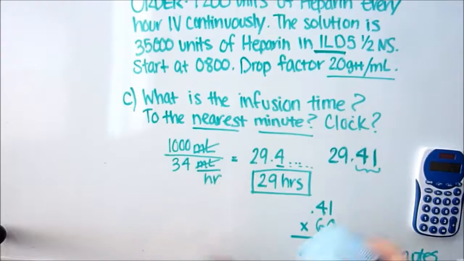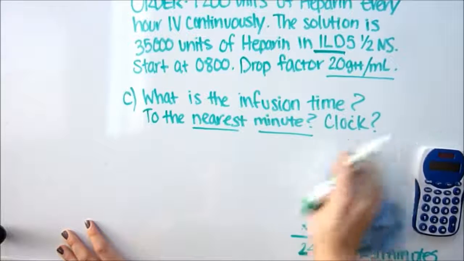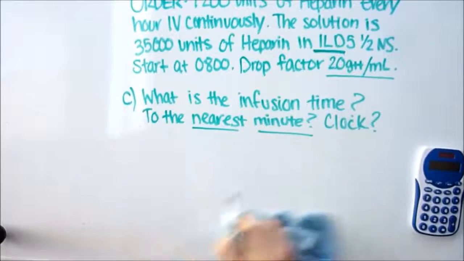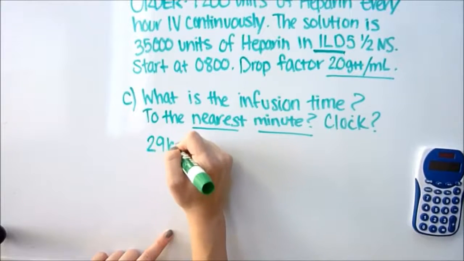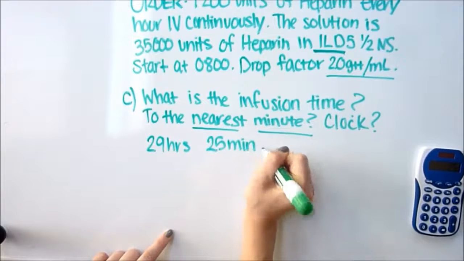So now we have to figure out what time on the clock we are going to finish. So let me just erase this real quick. Okay. So we have 29 hours and 25 minutes, right?